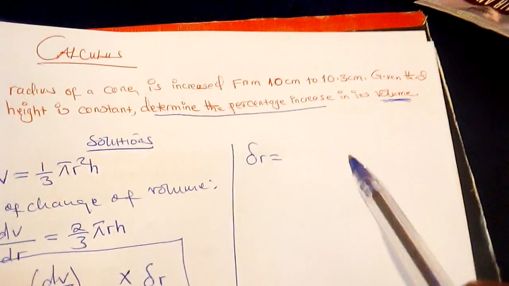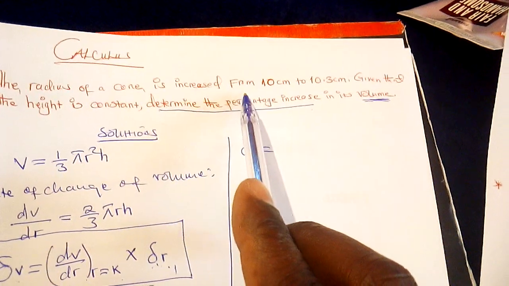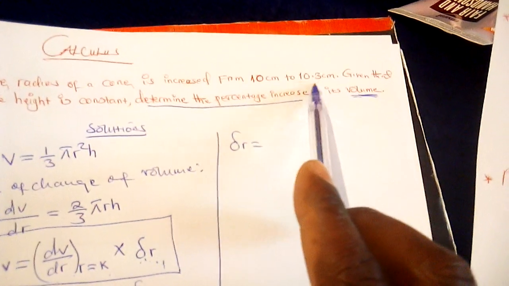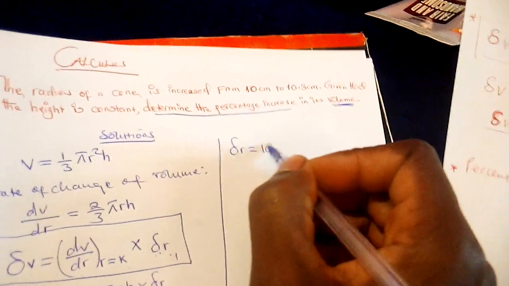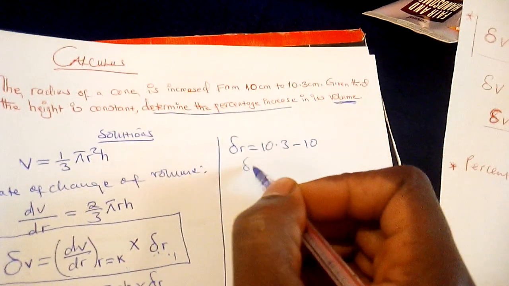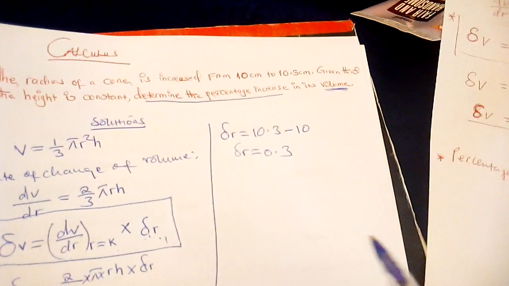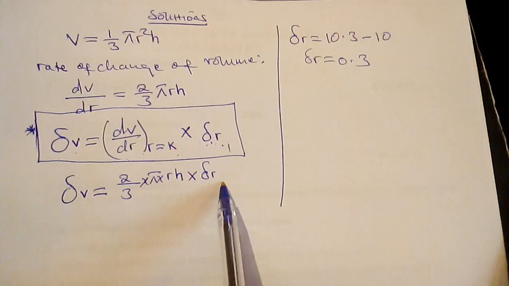So change in r is basically the change in radius. We see that the radius was increased from 10 centimeters to 10.3 centimeters. So the change in r here will be 10.3 minus the original, which is 10, and you see that change in r will equal 0.3. So this 0.3 is what we put where we see the change in r.